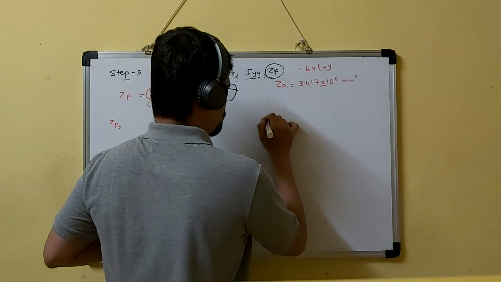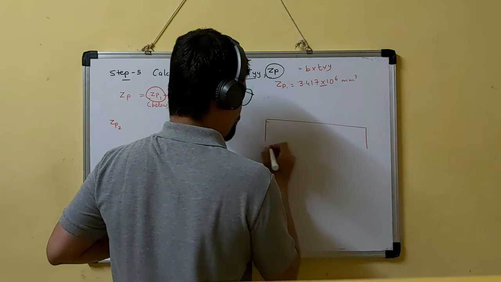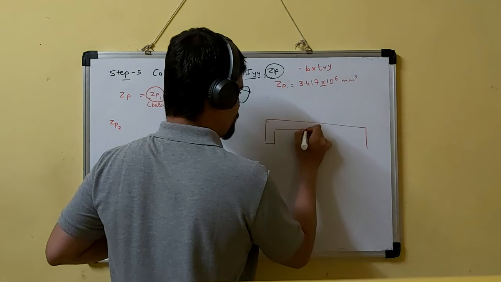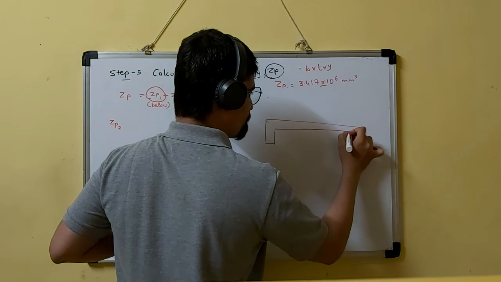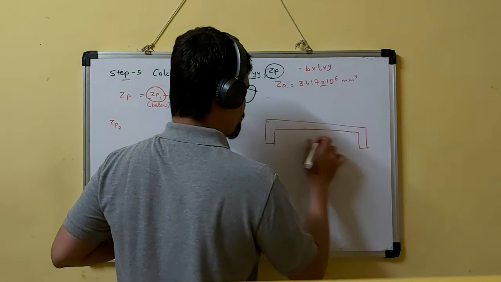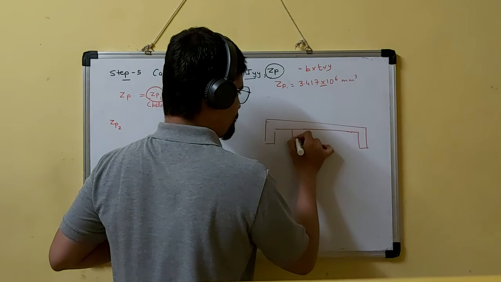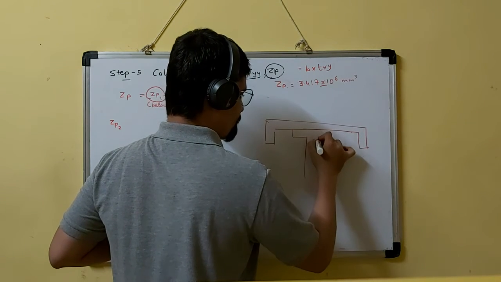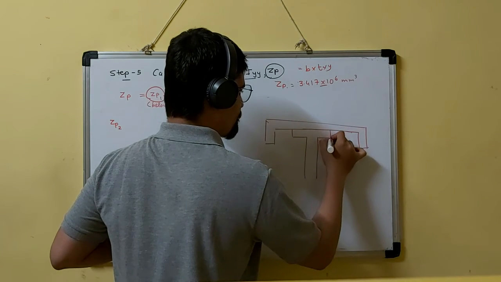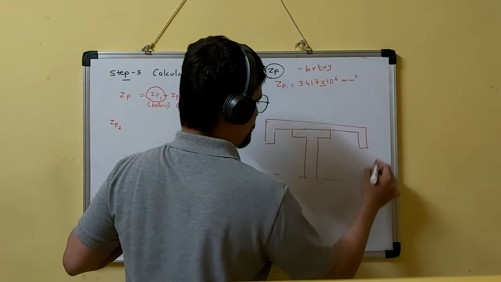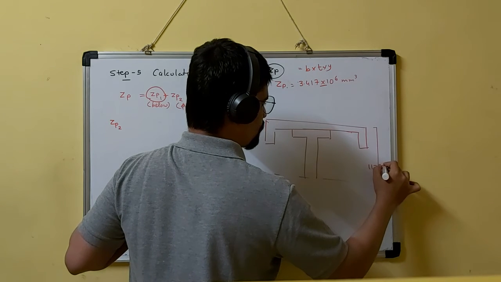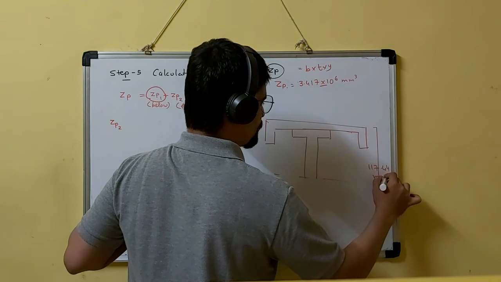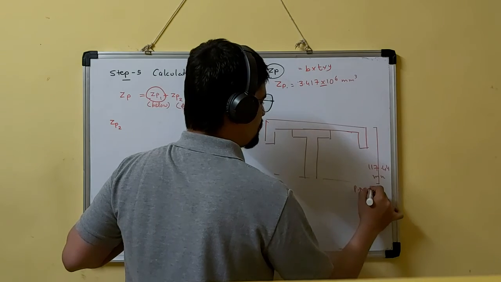This is the PNA, and from here to here it is 117.44 distance. This is the above portion.